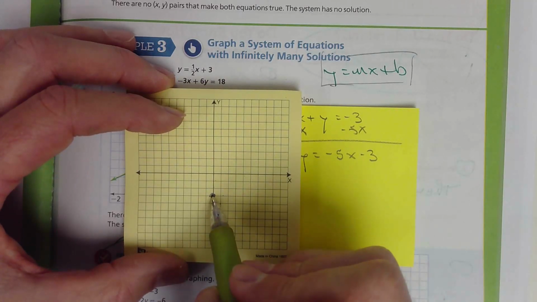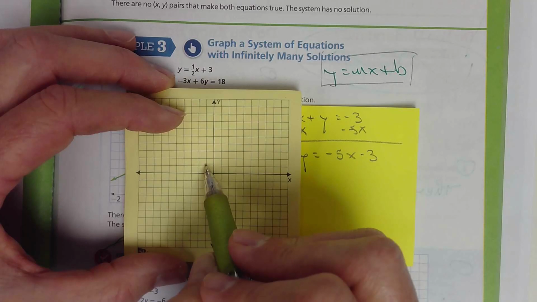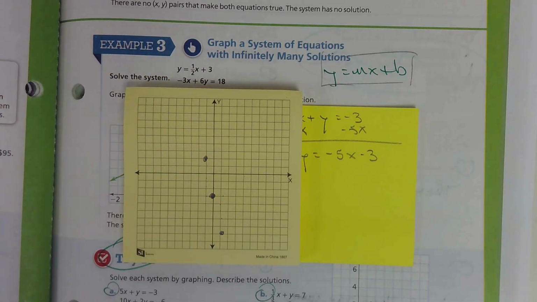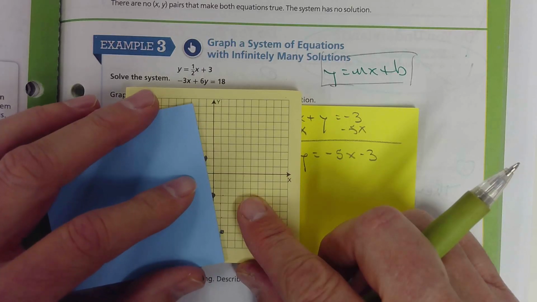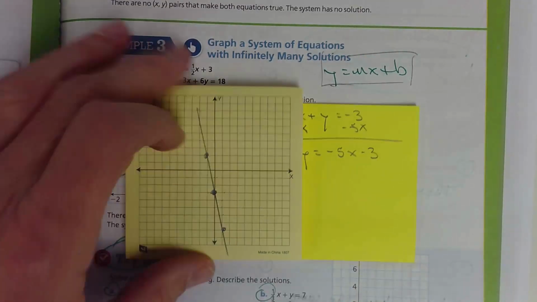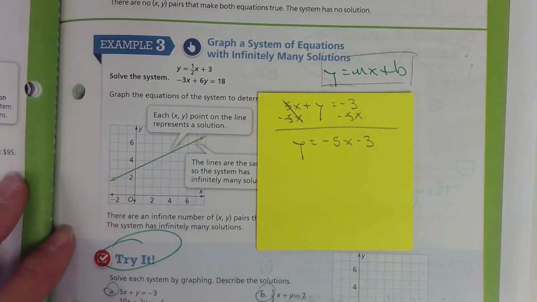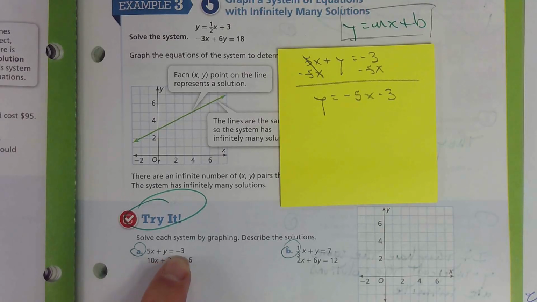And I could go, in this case, over 1, up 5. 1, 2, 3, 4, 5. All right, so there's an approximate of my line for that first equation. Just going to draw a line there. All right, so that represents the very first equation, which was 5x plus y equals -3.